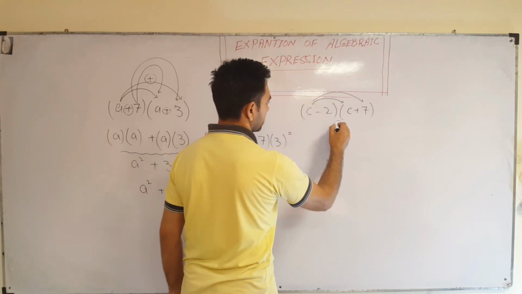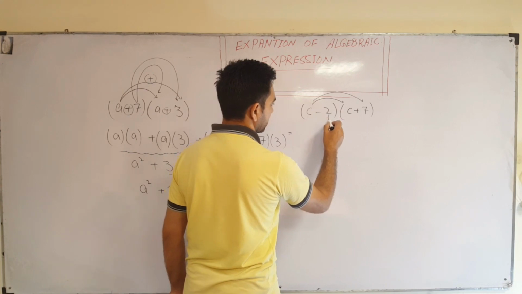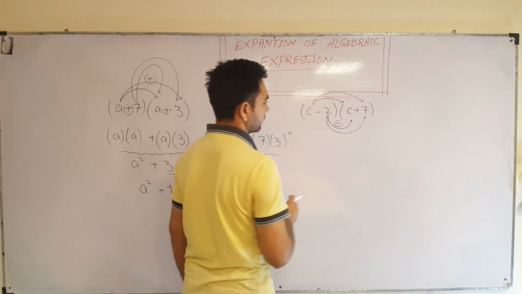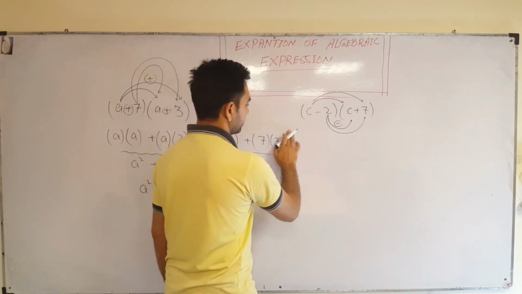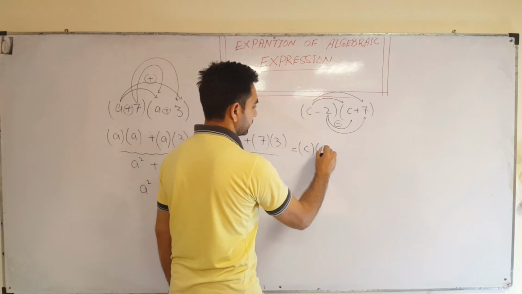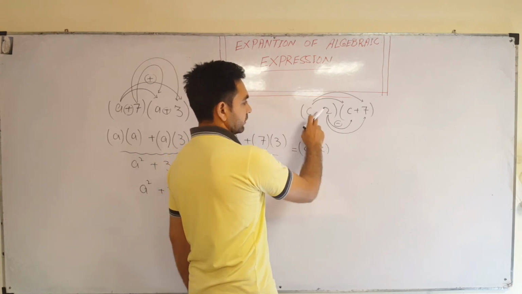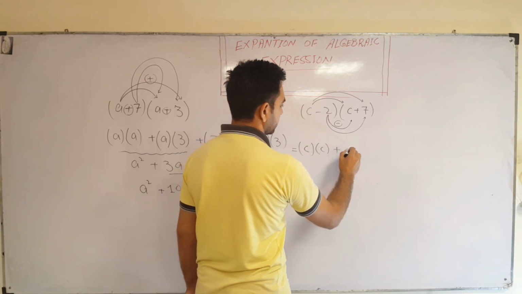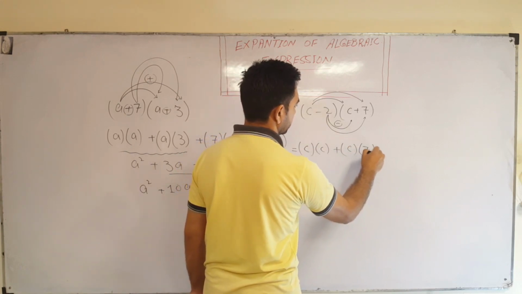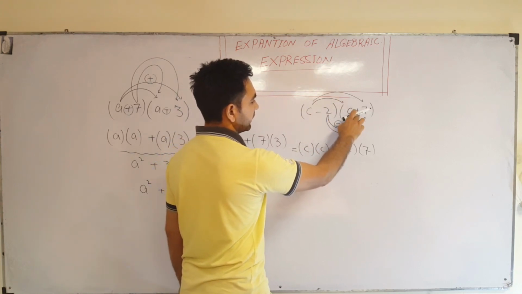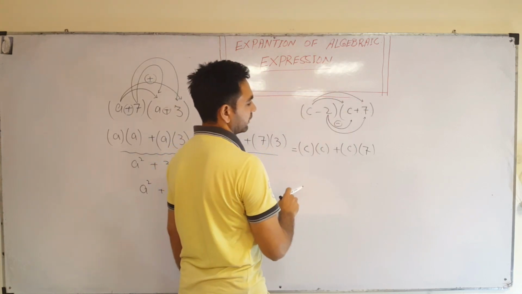Now this one, the first and to the second, right? So c is multiplied to c, symbol is positive, c is multiplied to 7.